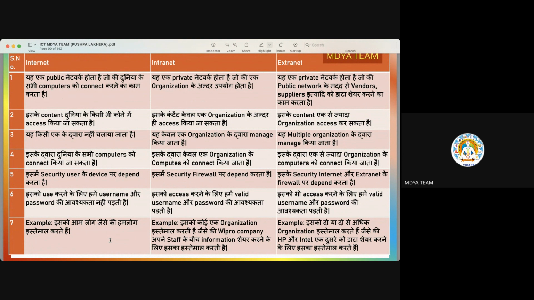Now, this internet is not run by a single person, right? It is a service which is provided by the service providers. And intranet is managed by the organization, and extranet is managed by the organizations which are part of that network system.